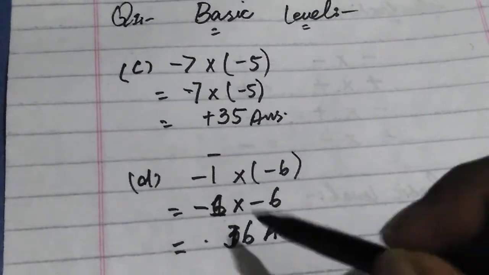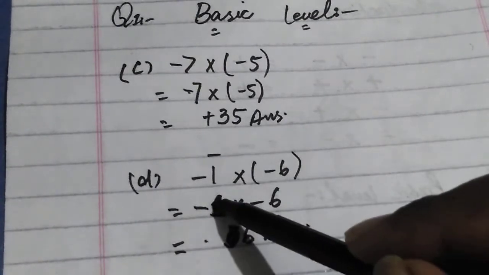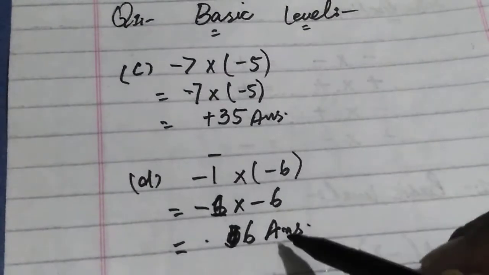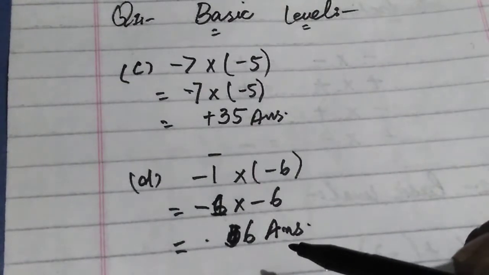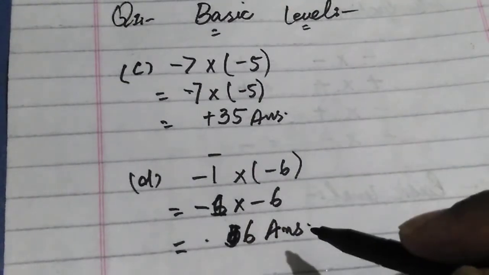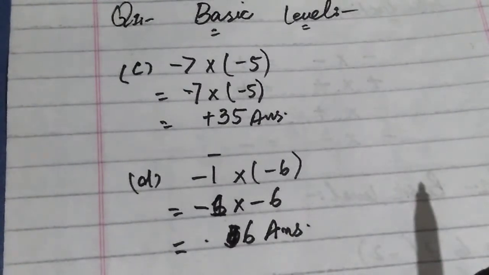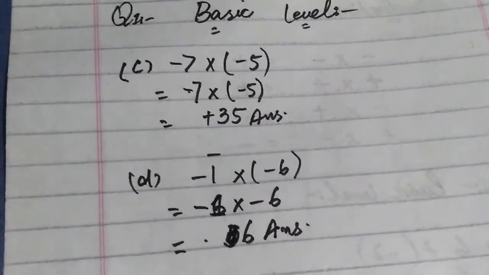By mistake I wrote 3 here, but no, it is 1 here, so 1 6 is 6. So the answer will be 6. These two parts of question number 1 I have written on the sheet. Other parts of question number 1 you will solve by yourself.